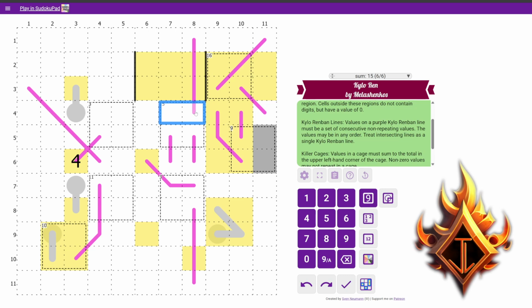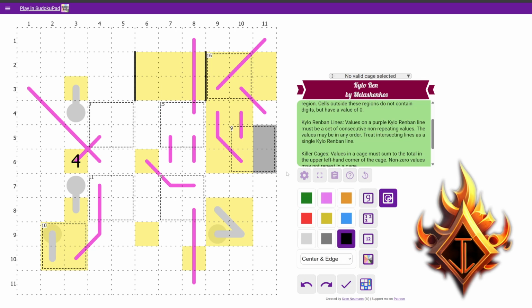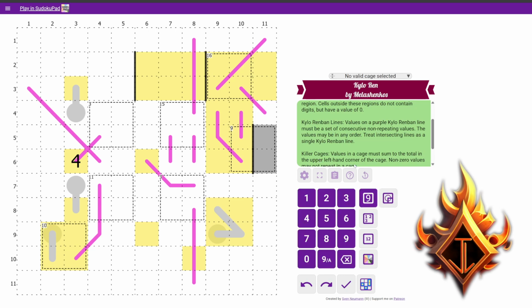Can both of these be 0? The answer, I believe, is yes. Both of these cannot.